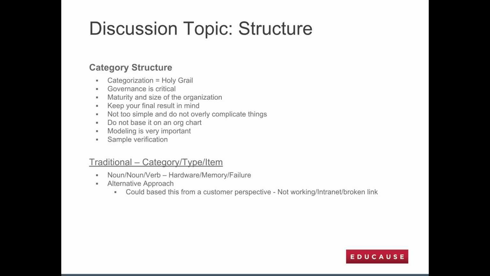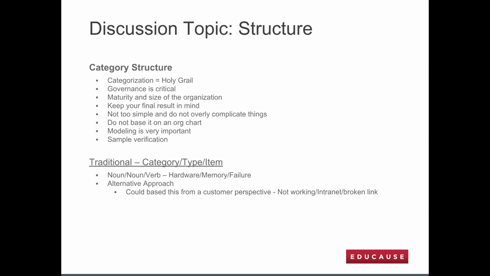The next thing to talk about is the governance model around that. How you're going to set up your categorization is key. With that, you have to answer the question: what am I trying to get out of categorization? As an organization, what is it you're trying to solve? What information are you trying to get out of that categorization?